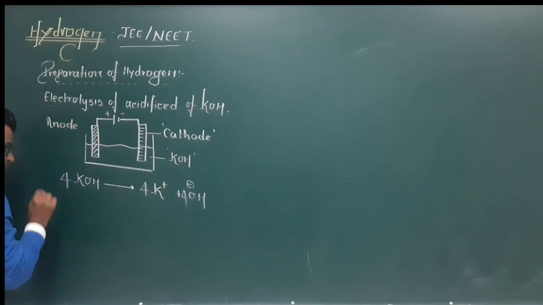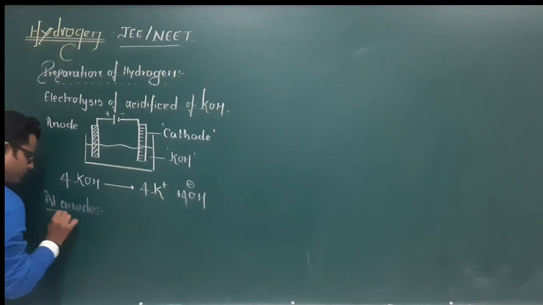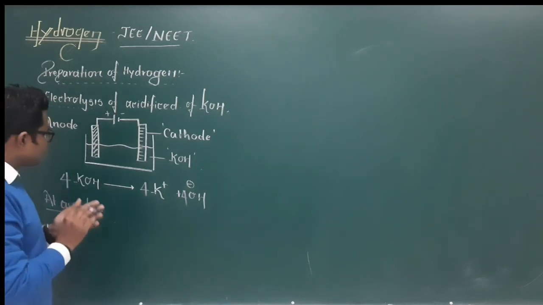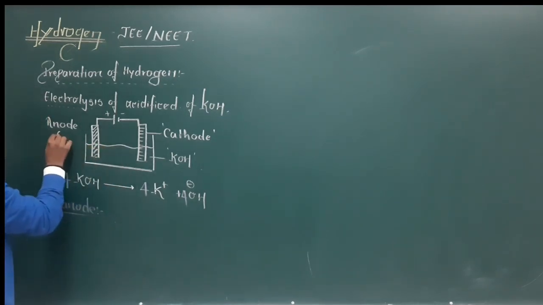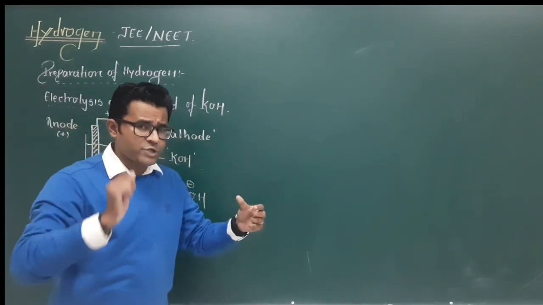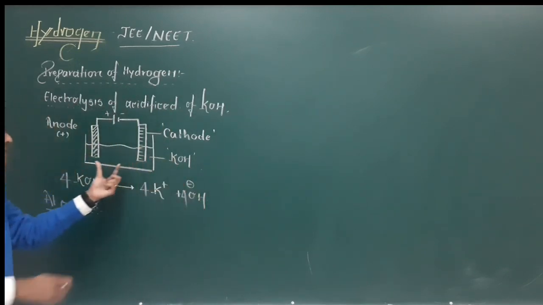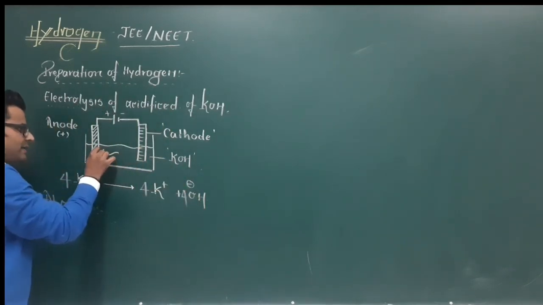So, at the anode, that is nothing more than the electrode with the positive charge, the negatively charged ions will start to flow towards the anode.